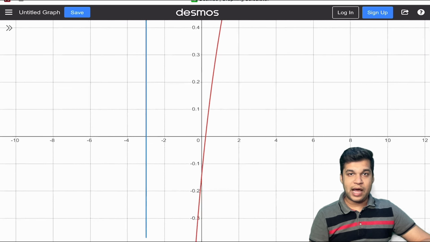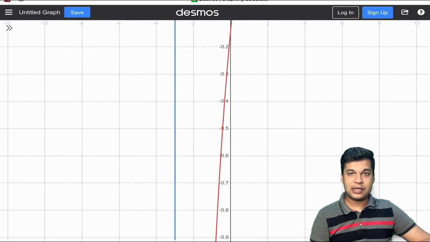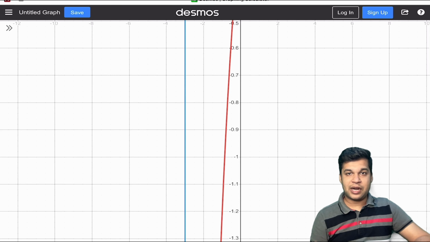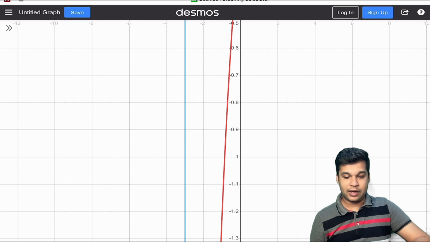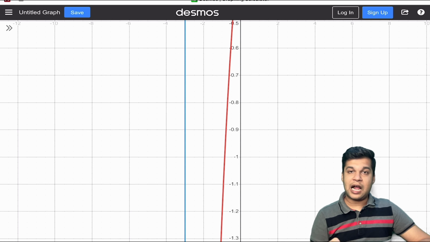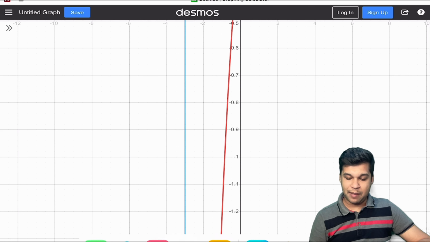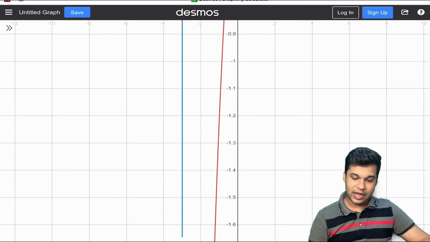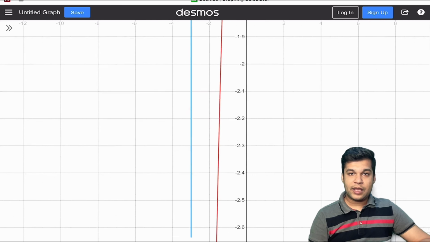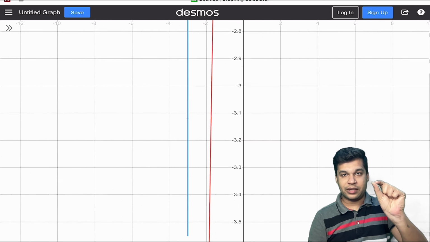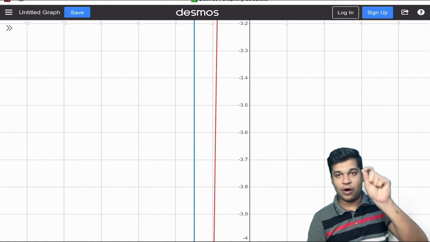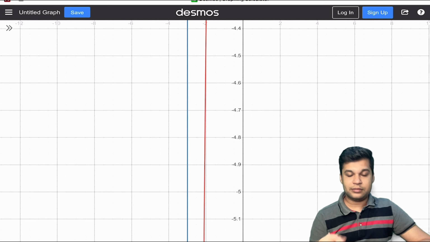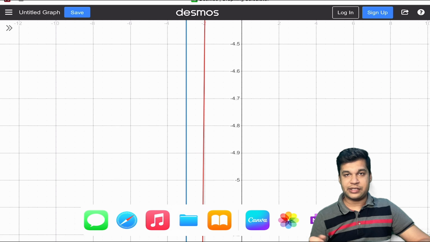If you go down, you will see that this graph is trying to touch the blue line, but actually it never happens. They're trying to come closer to each other. You can track the y coordinates. They come very close, but it never touches.